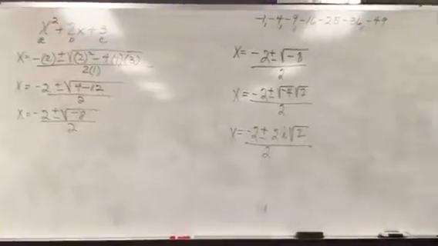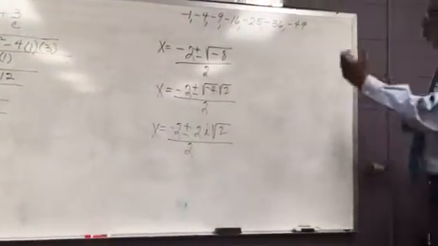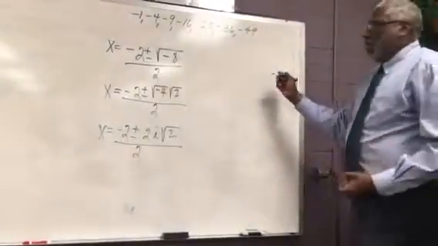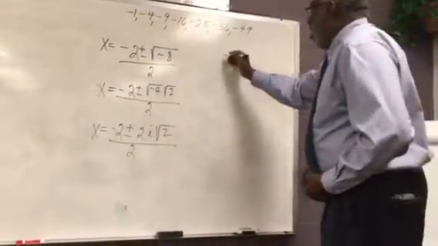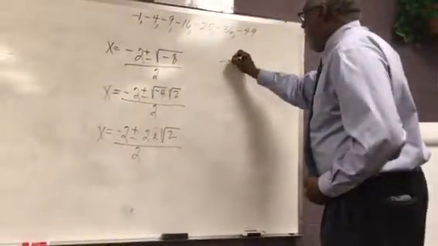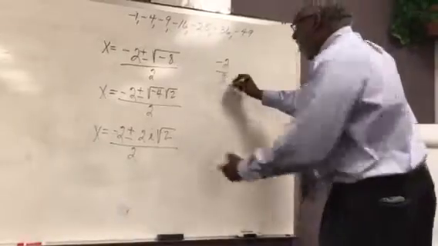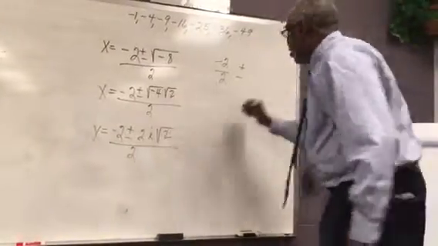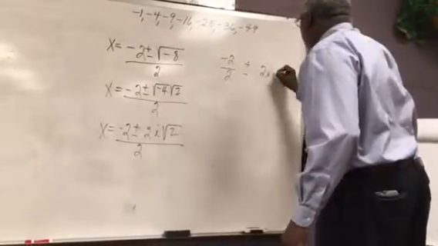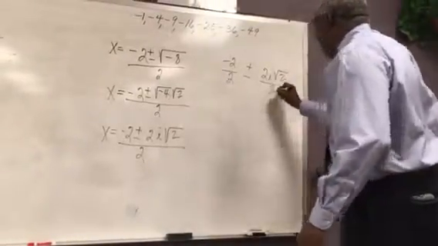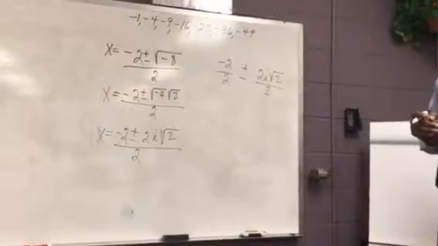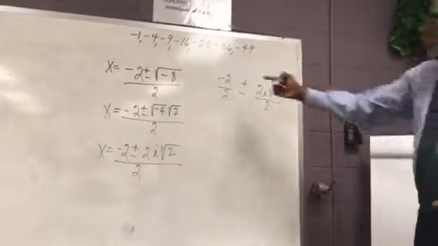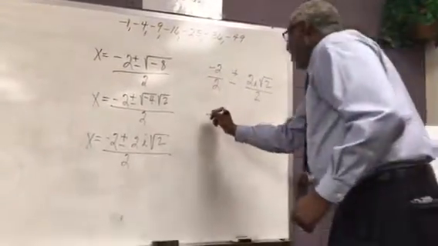All right, now, here's the next phase of this. Really what I'm doing is taking -2 and dividing it by 2. I'm going to put my plus and minus sign there. And then I have a 2i on the square root of 2, and I'm going to divide it by 2. That's really what I'm doing here. -2 divided by 2 is -1.